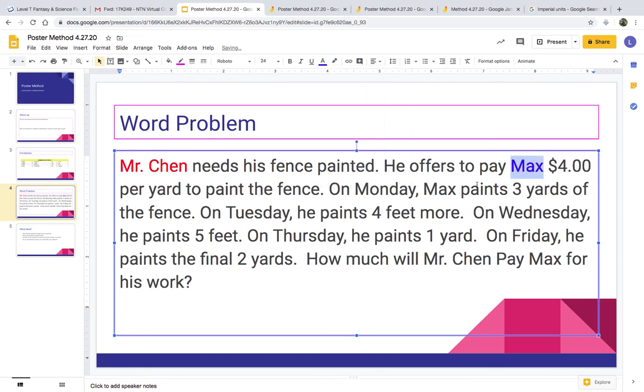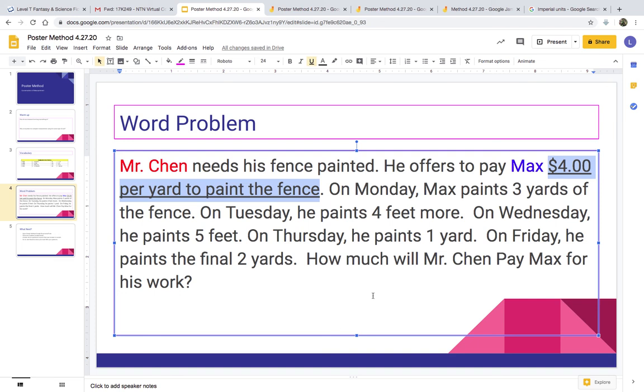Now he's going to pay Max $4 per yard. So I want to make sure that I underline per yard, because he's going to pay Max $4 per yard.